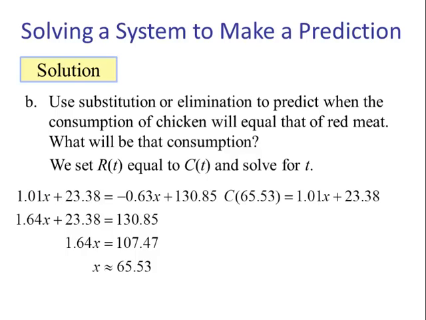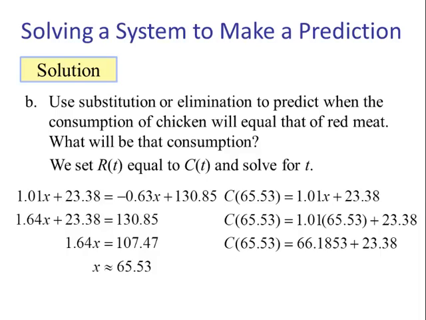Now we take 65.53, substitute it back into one of the original equations, and doing the computations, you should get 89.57. So the solution to this system is 65.53 and 89.57. Now, what does this mean in terms of the problem?